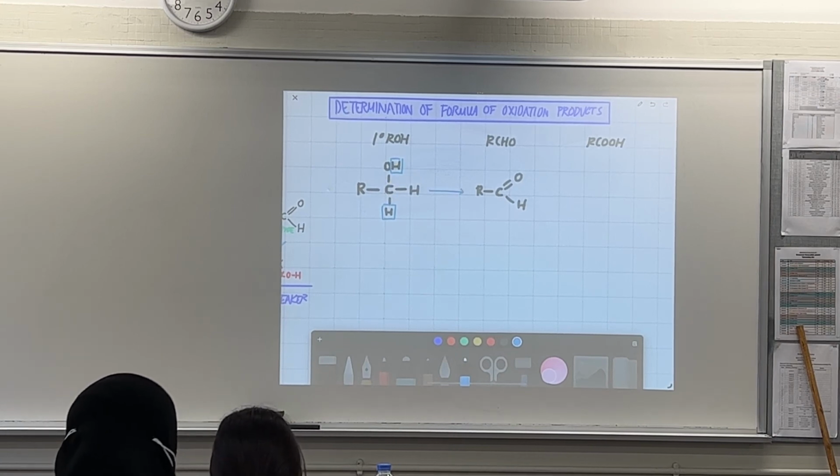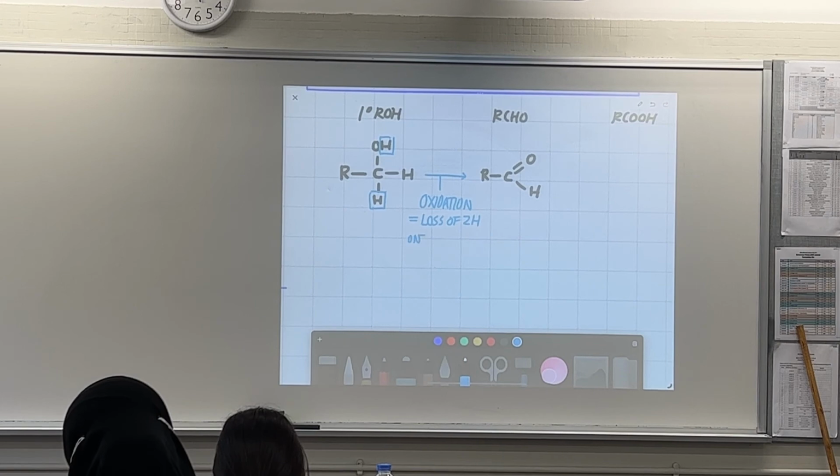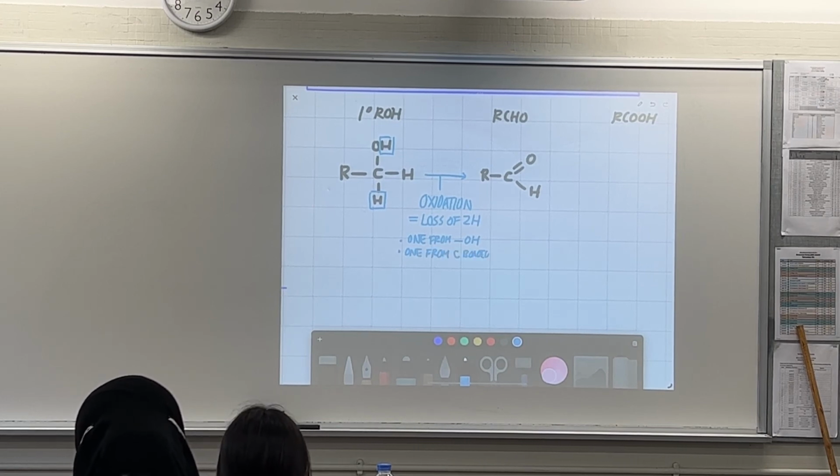So you can put down, this is the first definition of oxidation. We have oxidation as the loss of hydrogen. Two strategic hydrogens: one from the OH group, the hydroxyl group, and one from the C bonded to the OH group. Which is why I said you can also remove these two H's.